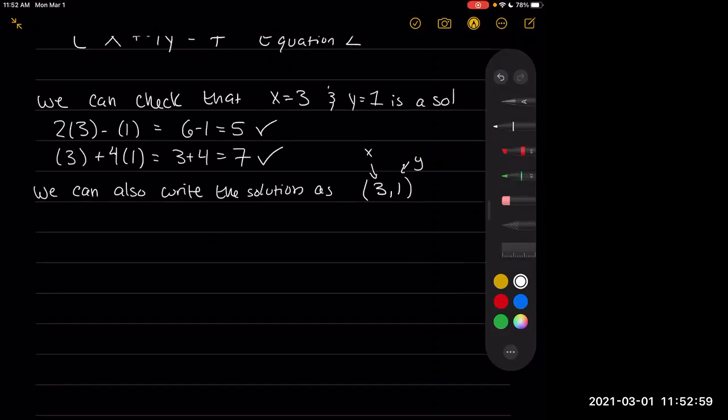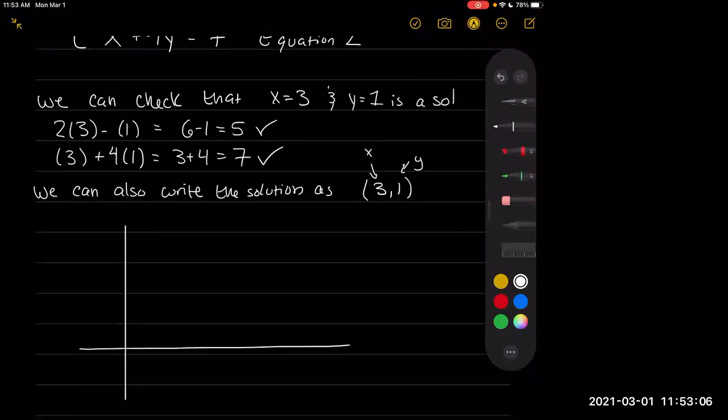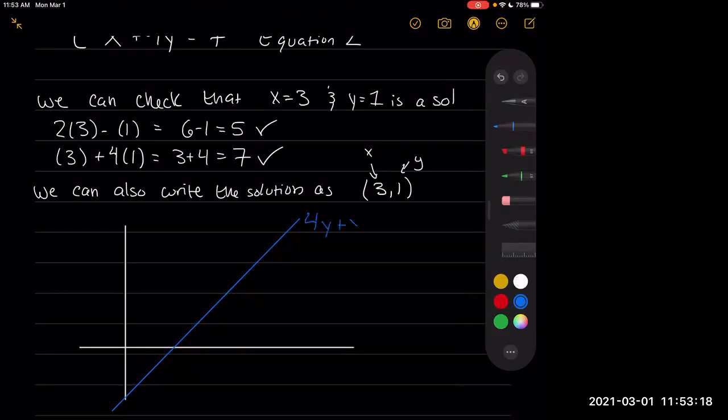that being said, we can graph these two lines or these two functions. If we were to take our first line, which might look something like this, that's fine. This would be 4y plus x equals 7.